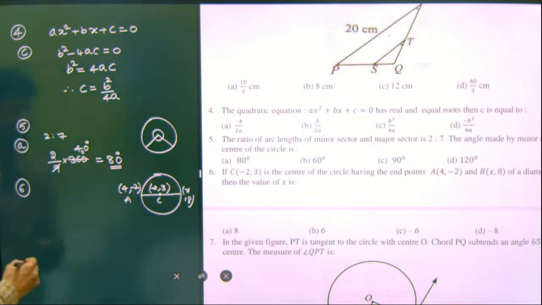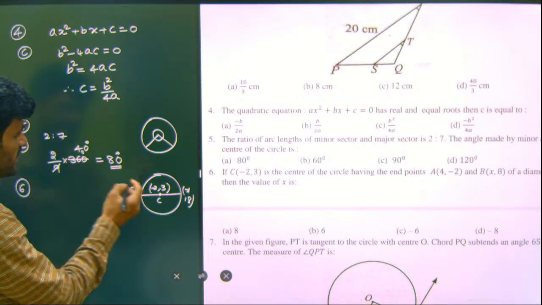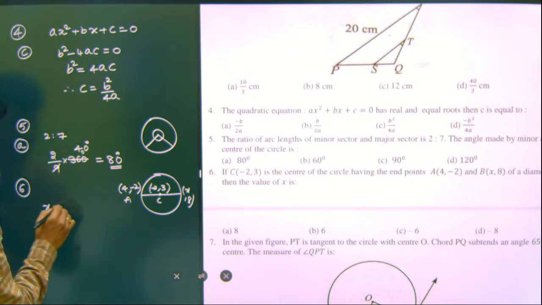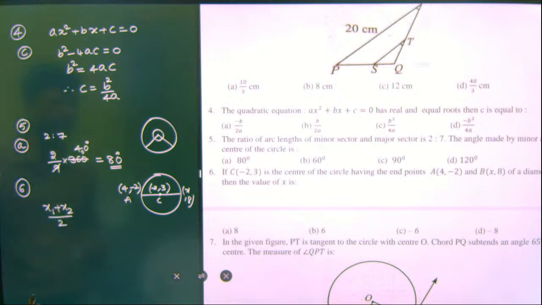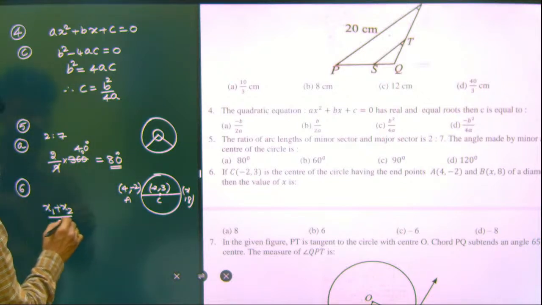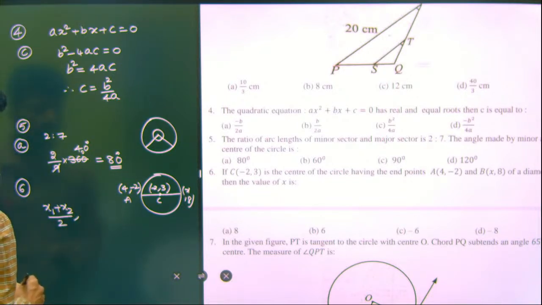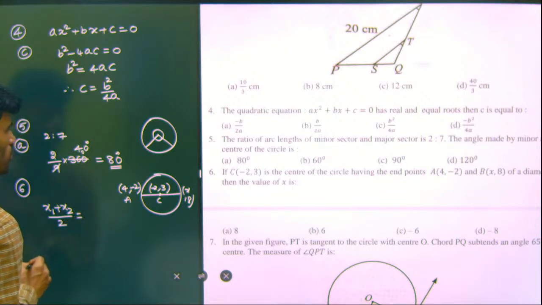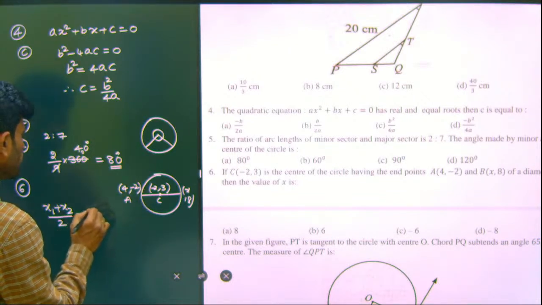So because we want the value of x and it is the center, midpoint concept. So midpoint formula is what? x1 plus x2 by 2 comma y1 plus y2 by 2. But we want only value of x. So x1 plus x2 by 2 is equal to, here it is minus 2.